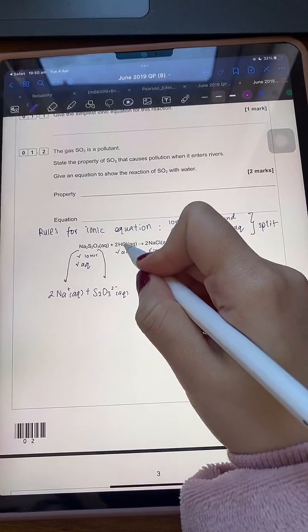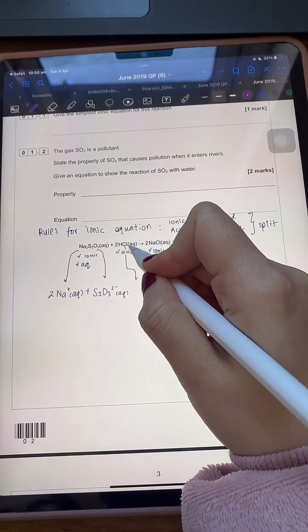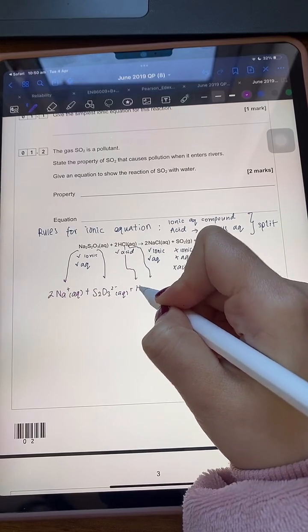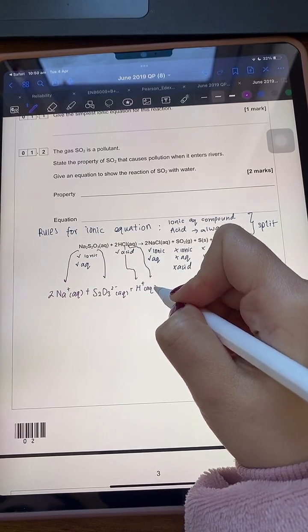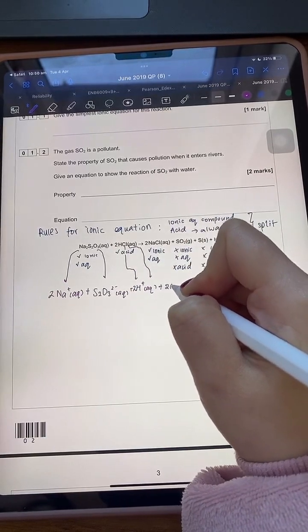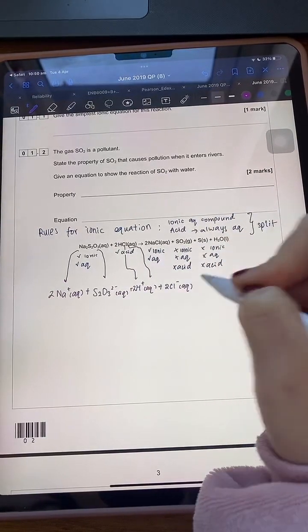Then you have your HCl, which will split to form hydrogen and chloride. That's the definition of an acid. You have 2 of them as well, plus 2Cl-, aqueous.